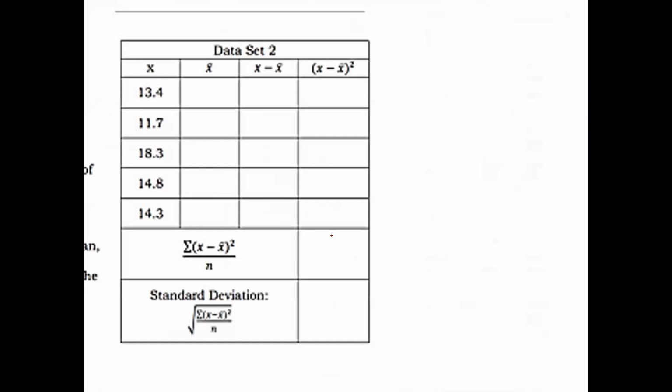Okay, we're going to start off with the first example right here. First thing to do is you're going to need to find the mean of the data. And what I mean by that is you're going to find the average of these numbers right here. We are going to add them all together and then divide by 5.